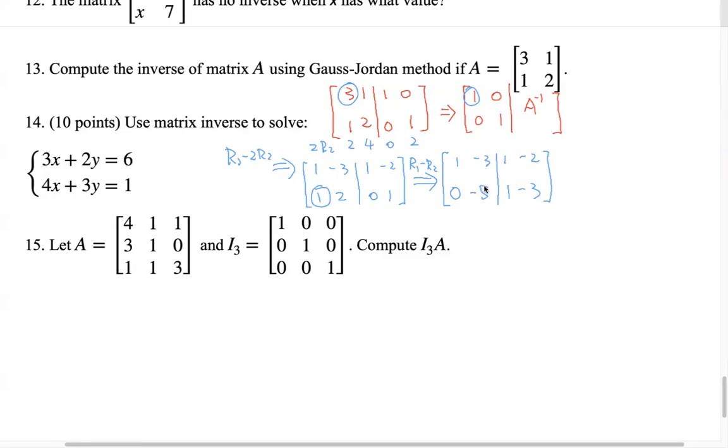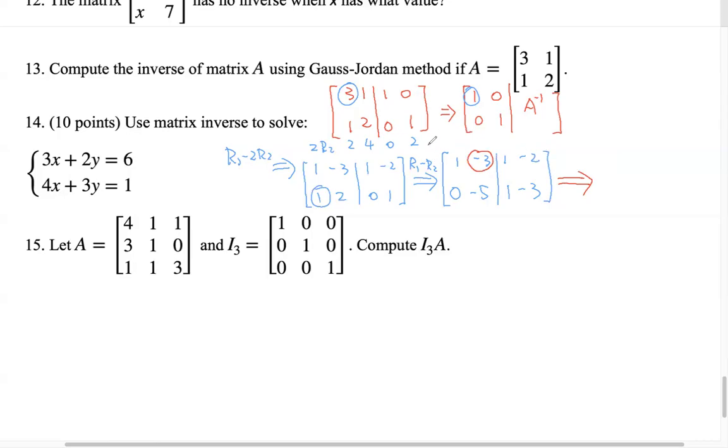Now, let's change this one to be 0. Oh, it's a little bit difficult, right? Actually, we could do it.